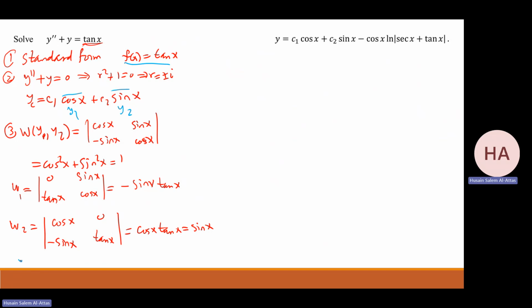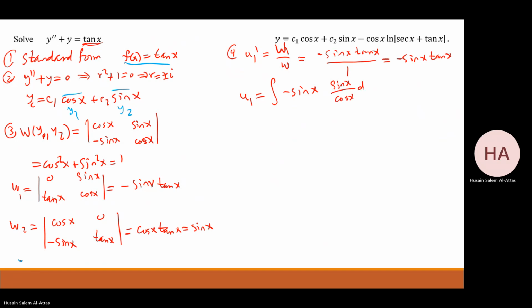Good. Now my fourth step, u1 prime will be w1 over w. That will be what? Minus sine x tan x over 1, which is minus sine x tan x. Now what is u1? u1 will be the integral of this. Tan is what? Sine over cosine dx. How to do this?